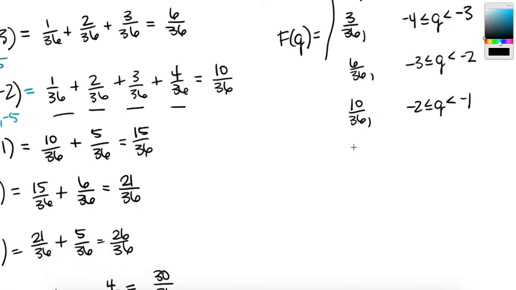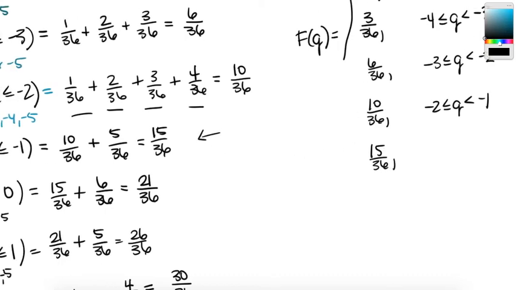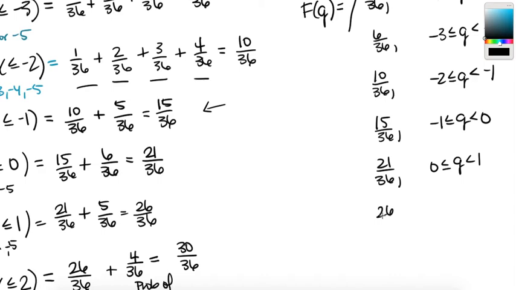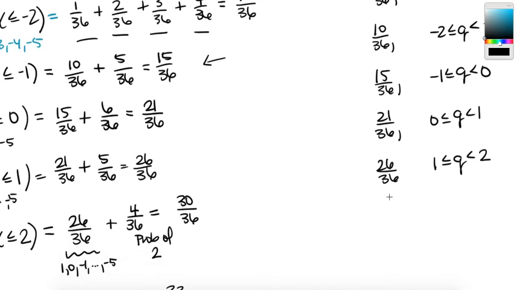It's 15 out of 36 if we have bumped up to -1, but not 0. If we're above 0, it bumps up to 21. If we're above 1, it bumps up to 26. If we are above 2, it bumps up to 30.